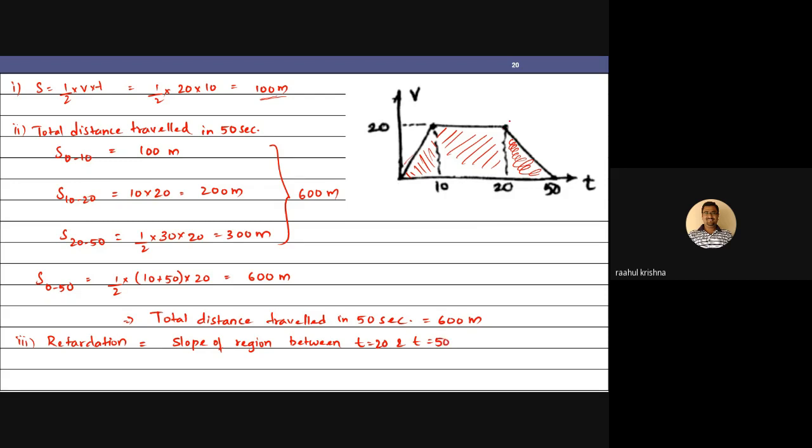When we started to discuss motion curves yesterday, I said that whenever we are making the motion curve, we are not talking about instantaneous velocity or instantaneous acceleration. We are talking about average velocity and average acceleration.